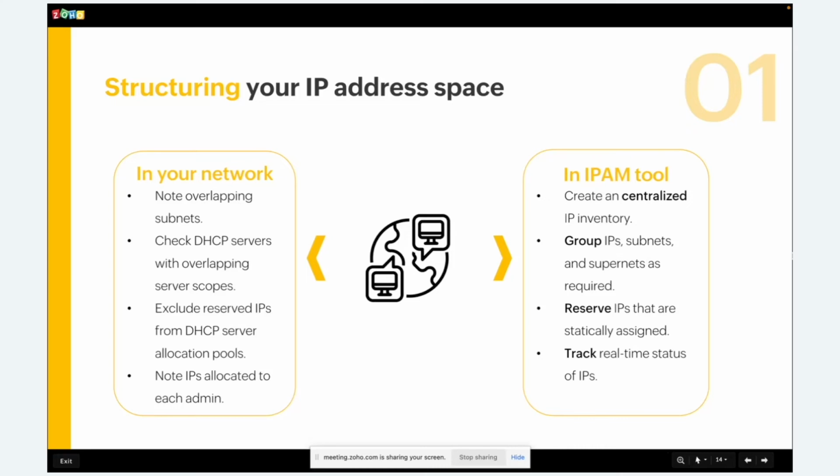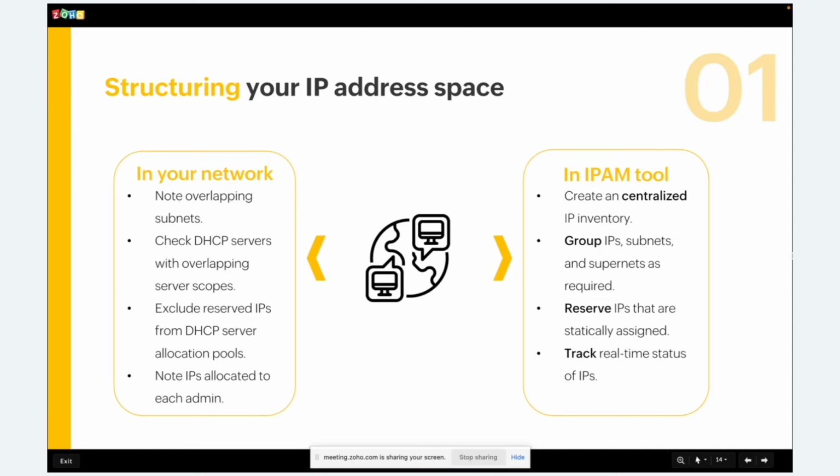In the IPAM tool, whenever we statically allocate an IP, we mark it as reserved. We group it to be IPs that are to be statically allocated. Make sure you do the same in your DHCP server. Your DHCP server IPs should be structured in such a way that IPs that are statically allocated must be separated and must be avoided from being dynamically allocated.